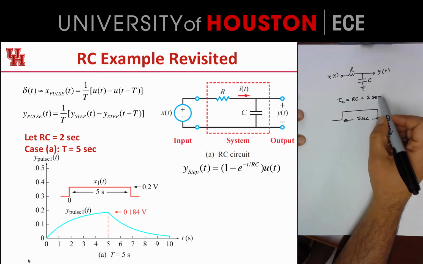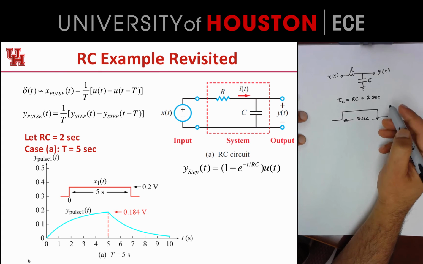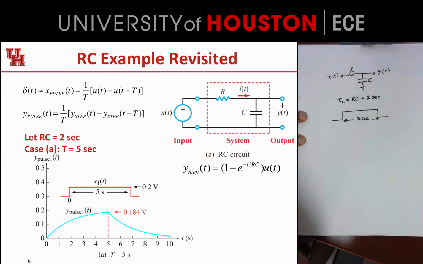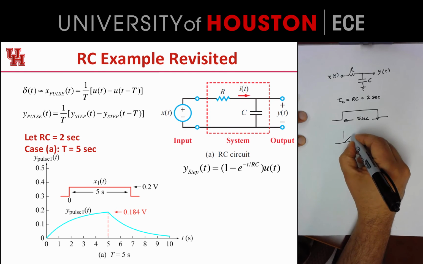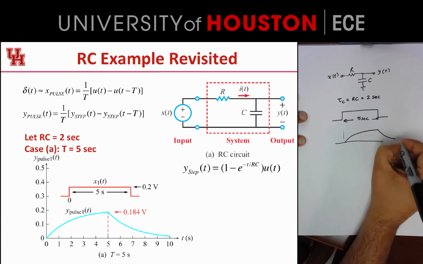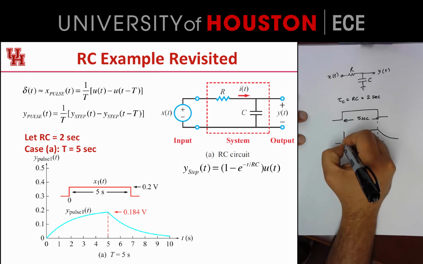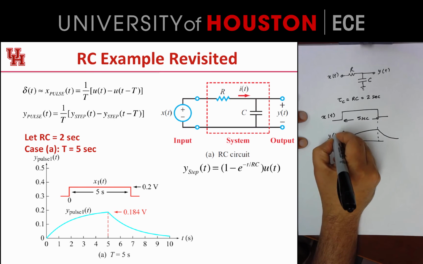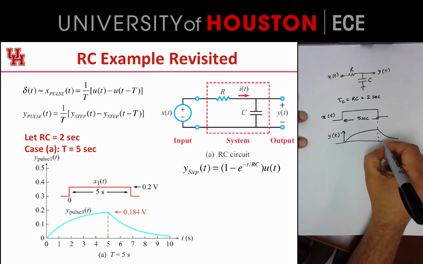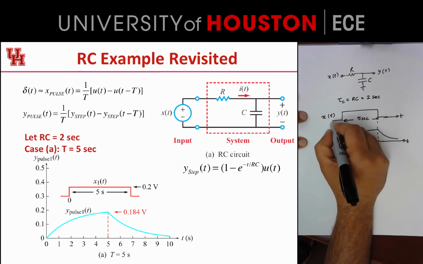In this case, if you look at the output, plotted on your left, the signal rises nicely and then falls off after 5 seconds. So this is the input, and this is the output, y pulse of t, and this whole axis is of course time.